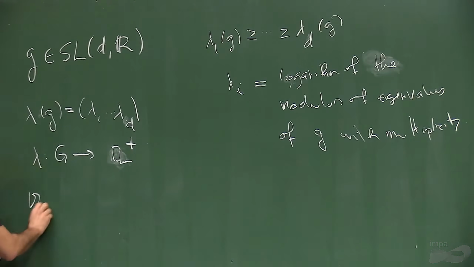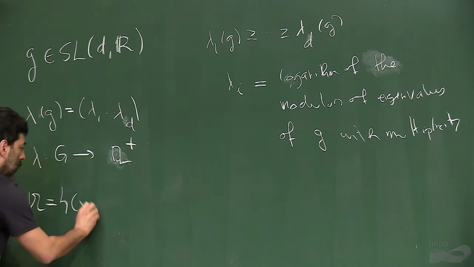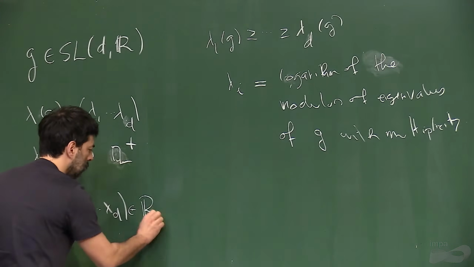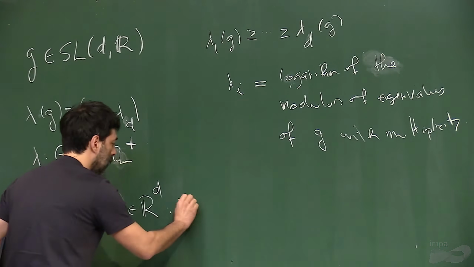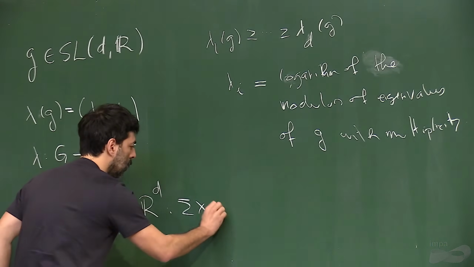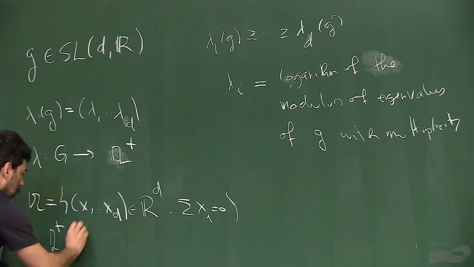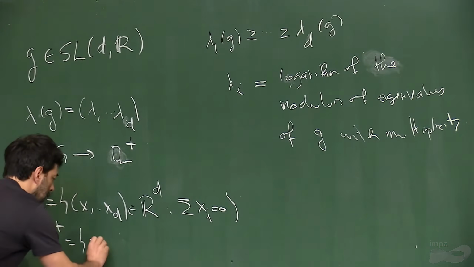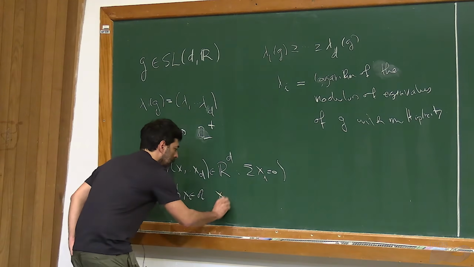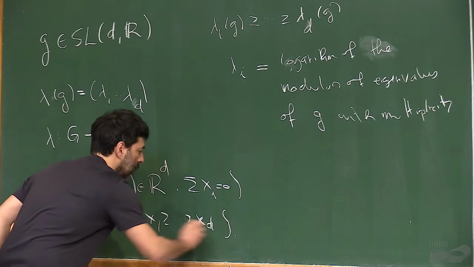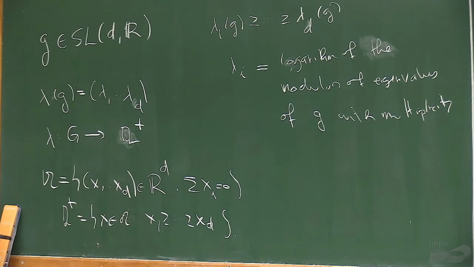So essentially, A is D numbers that sum to 0. And this cone inside, A plus, is just an element of A, but ordered: D numbers that sum to 0, but the first one is bigger than the second, and so on.